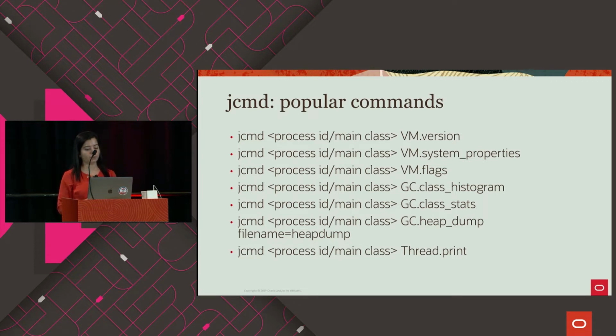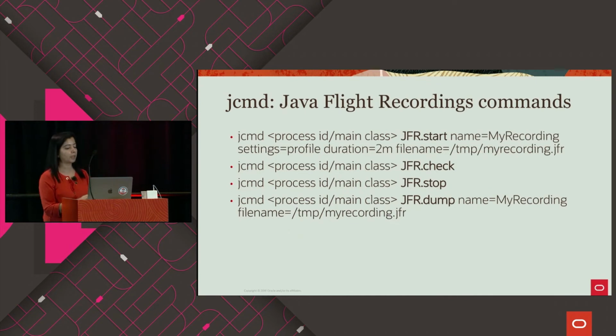Some GC specific commands: GC.class_histogram, GC.class_stats, and GC.heap_dump, which can be used to collect a class histogram or statistics of classes, and also to collect a heap dump. Thread.print can be used to get stack traces of Java applications.